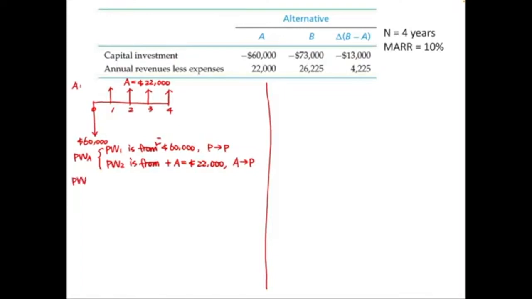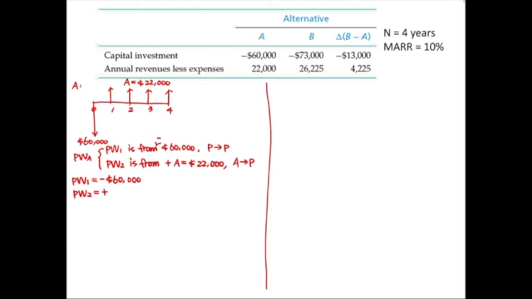So PW1, it is already present value, so you don't have to convert, you don't have to check the factor. So it's 60,000. PW2, which is positive, right? And you want to convert annuity to present worth.